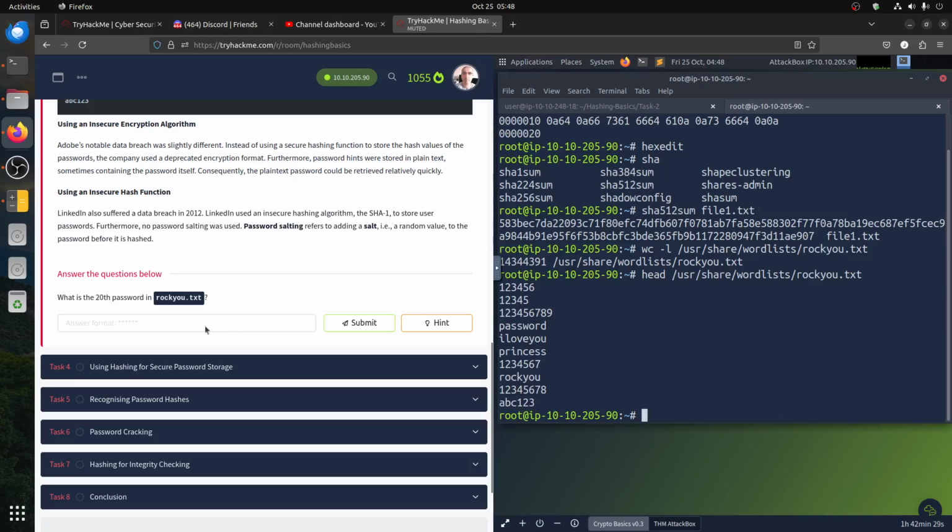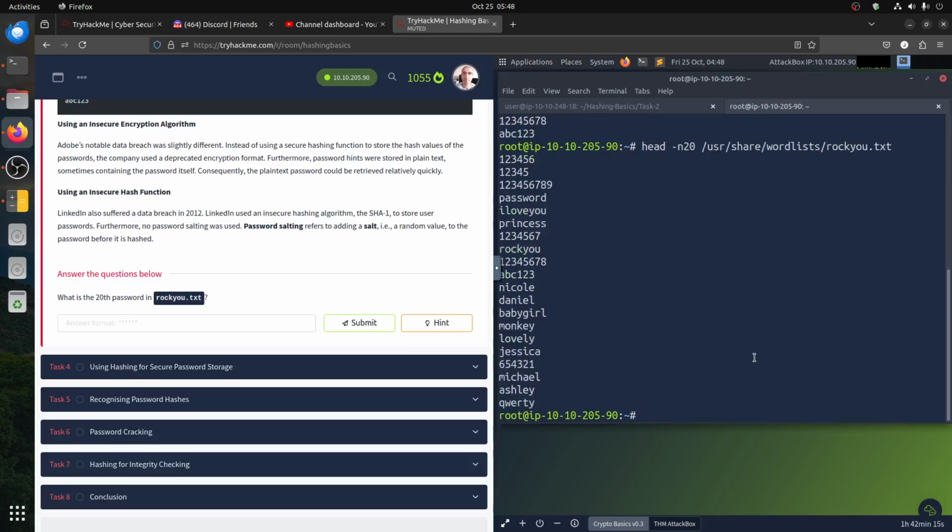And then let's test. For example, what is the 20th password in the list? So what we do is head -n 20. I don't think this command gives the 21st, so yeah, it's the last one.